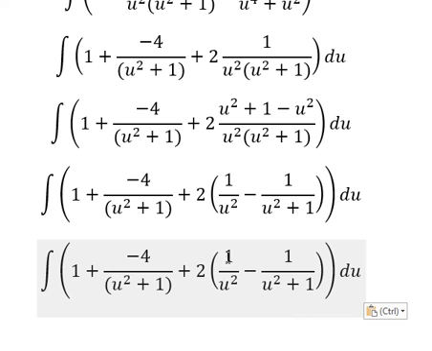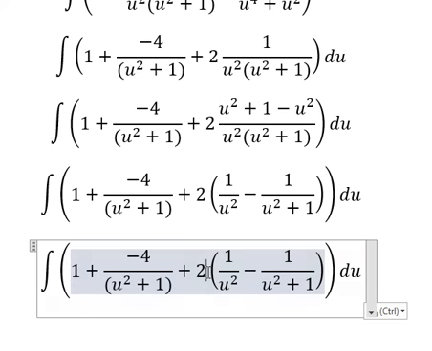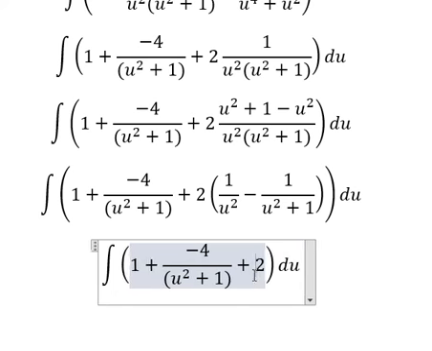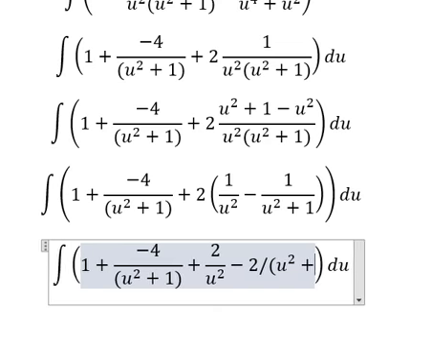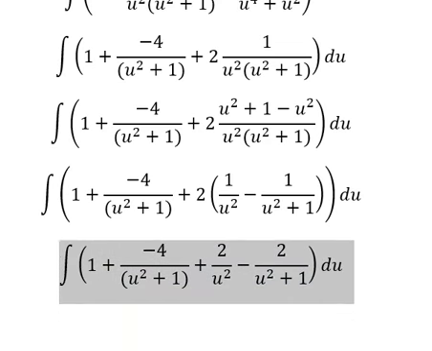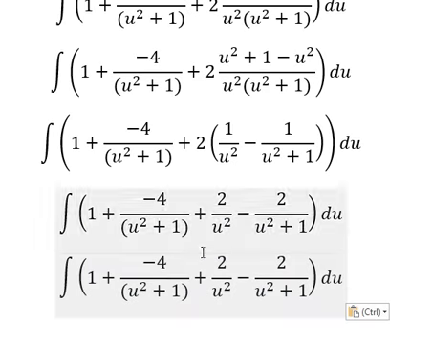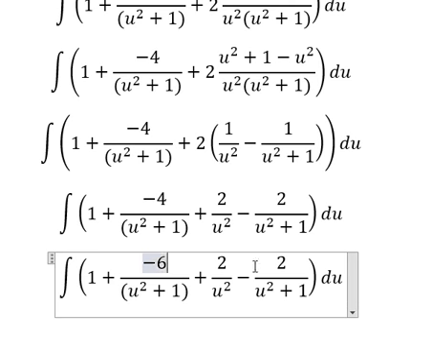So number 2 multiplied by number 1 and number 1. Negative 4, negative 2, we have negative 6.